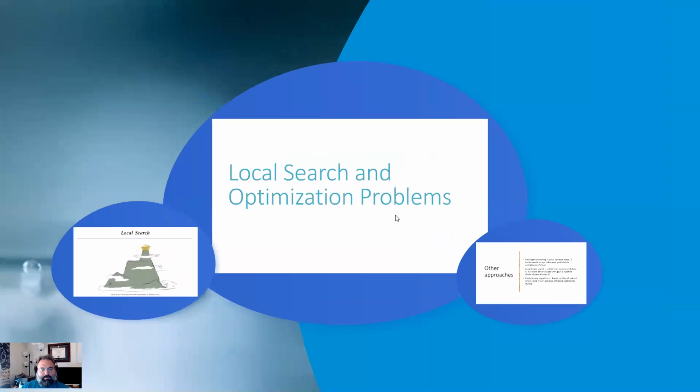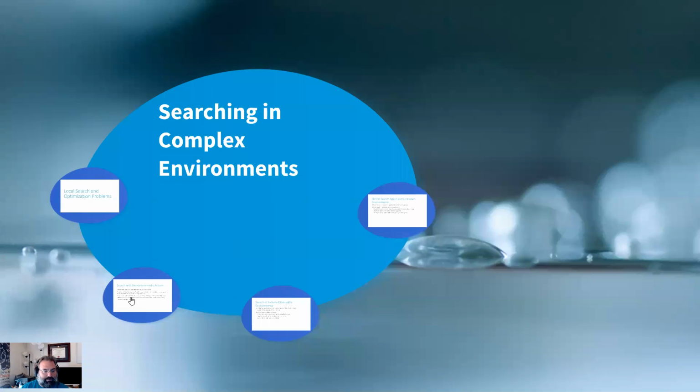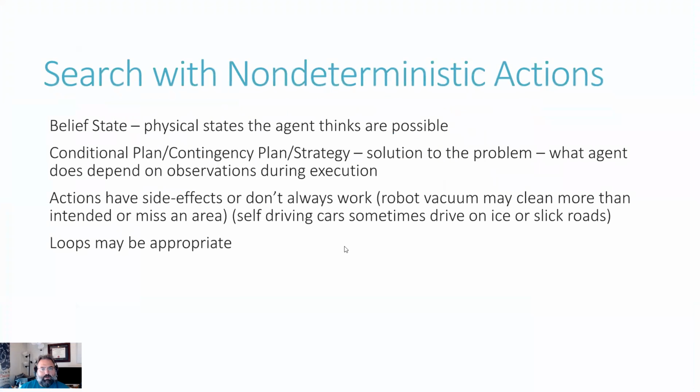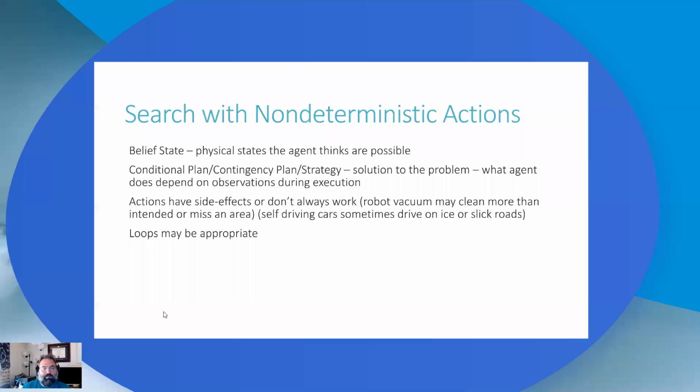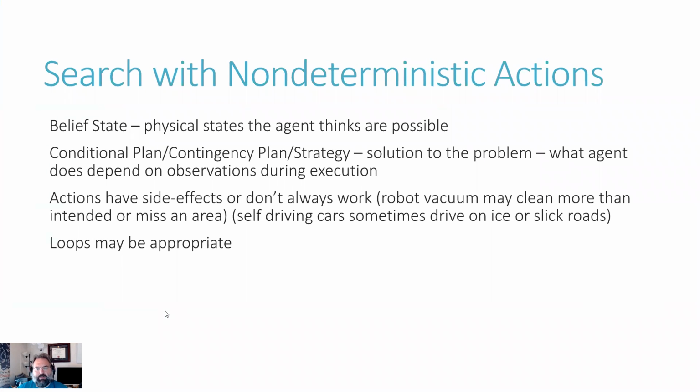And with that, we've finished our conversation around local search and optima. Now we're looking at non-deterministic actions.